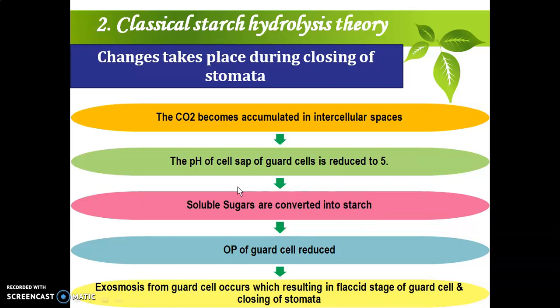Due to conversion of soluble sugars into starch the solute concentration decreases, so the osmotic pressure of the guard cell is reduced, and due to reduction of the osmotic pressure, exosmosis from the guard cell occurs, which results in the flaccid state of the guard cell and finally closing of the stomata.